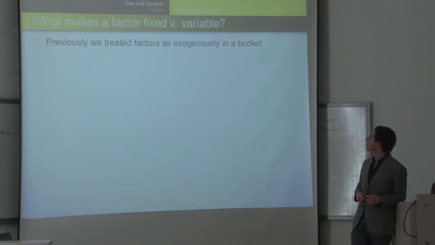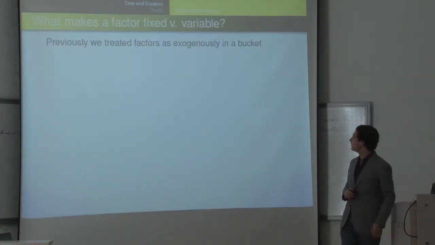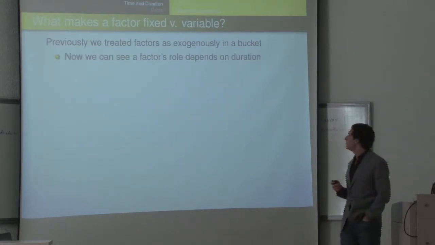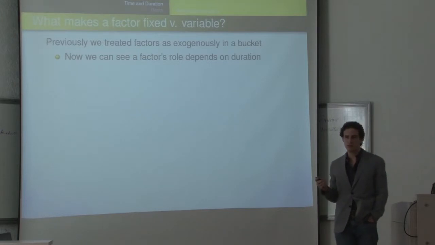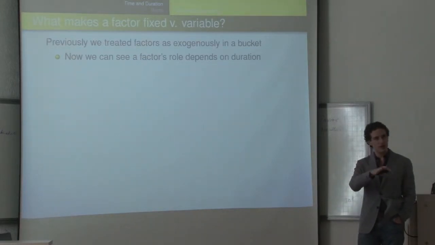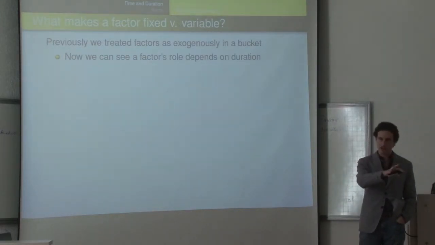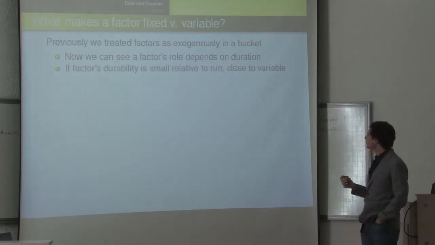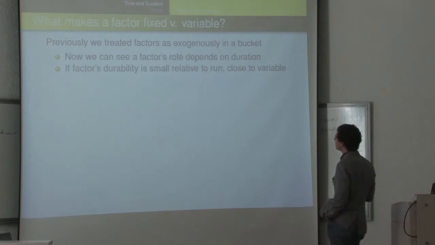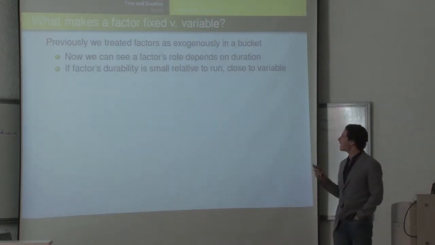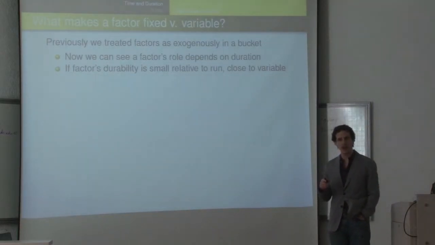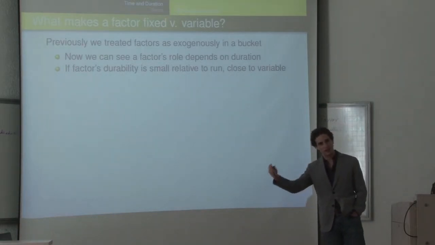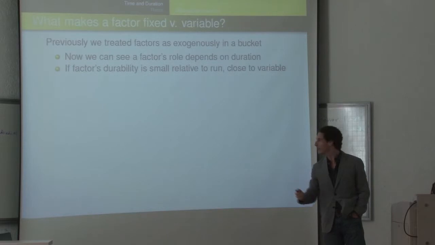Okay, so previously, we were treating different factors as exogenously being stuck into the bucket of being fixed or variable. Variables you could adjust in the short run, fixed you couldn't adjust. But the real key to determining what thing belongs where is the durability of the factor, how long it takes to adjust it, relative to the length of time of the run that we're considering, right?